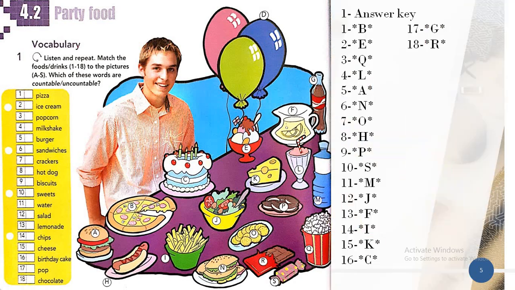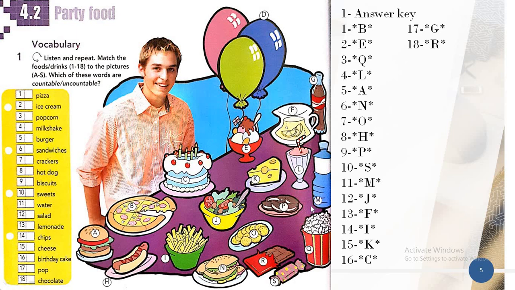Number 1 is pizza, picture B. Good. Number 2, ice cream, picture E. You can see the picture here.